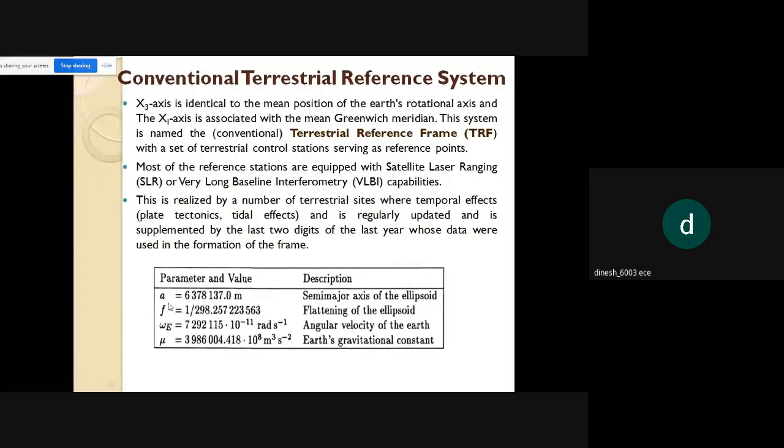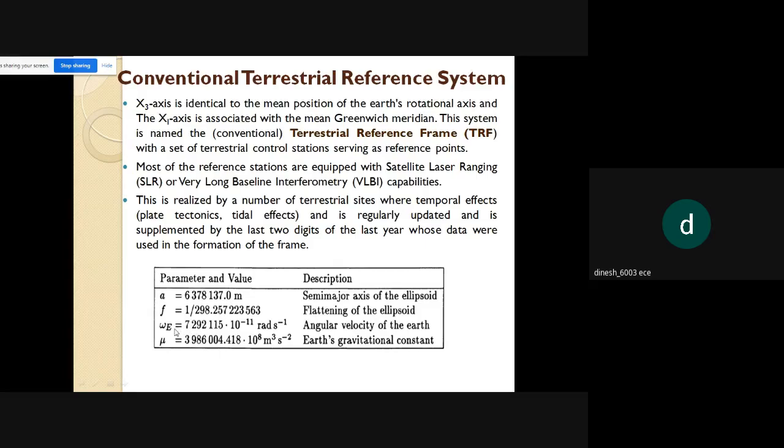These are some of the parameters given for the conventional terrestrial reference system. The A value is 6,378,137 meters. What is this A value? It is the semi-major axis of the ellipsoid. The flattening of the ellipsoid, F, should always be 1 divided by 298.257223563.